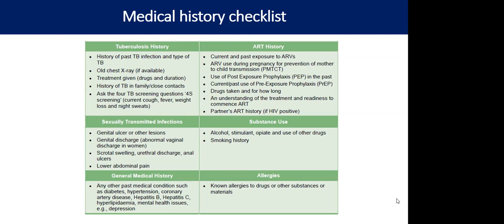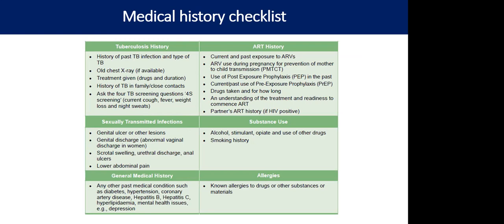Similarly, STI, you look for genital ulcer or other lesions, genital discharge, whether it's a vaginal discharge or a cervical discharge, scrotal swelling, or urethral discharge or anal ulcers, lower abdominal pain, etc., might be due to PID.